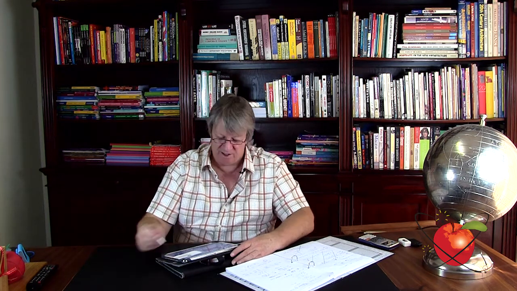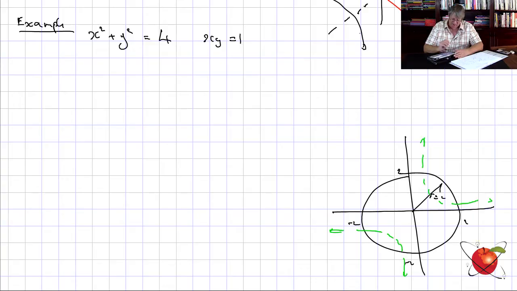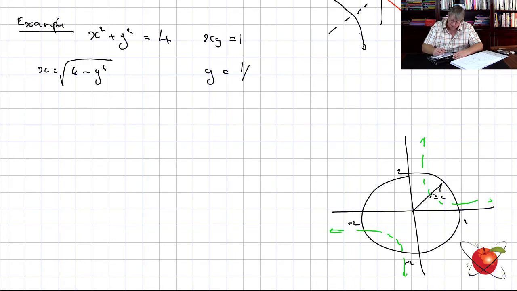How would we do this? Look at the messiness. Let's say x is equal to the square root of 4 minus y squared. To substitute that into the other equation makes a mess. The easiest way is to rearrange xy equals 1, so y is equal to 1 over x.